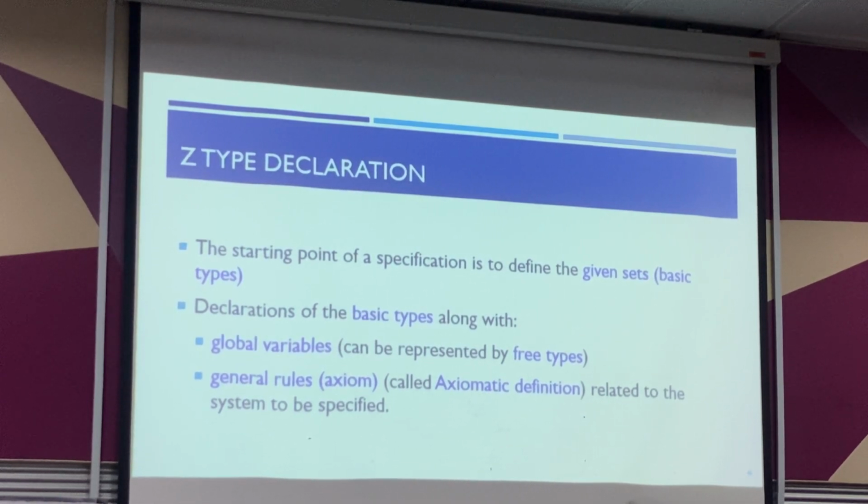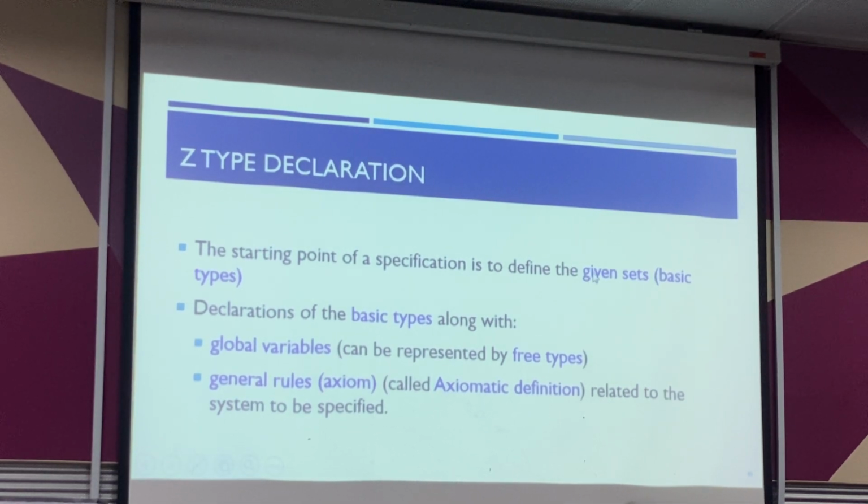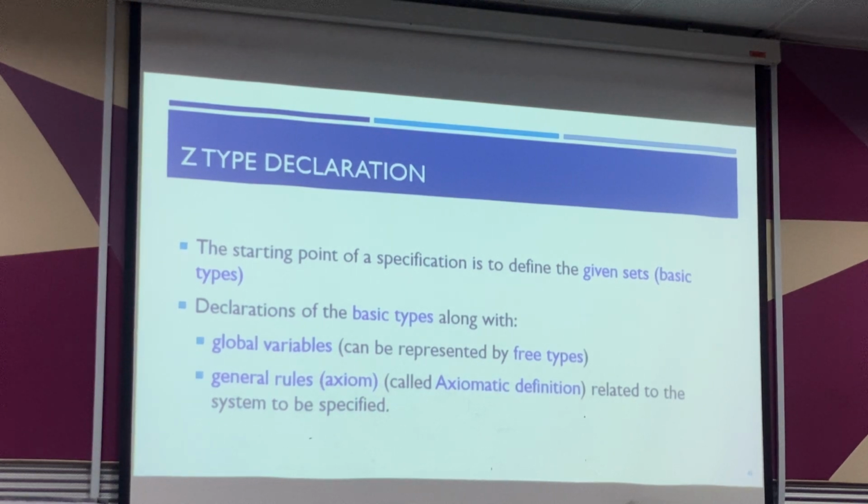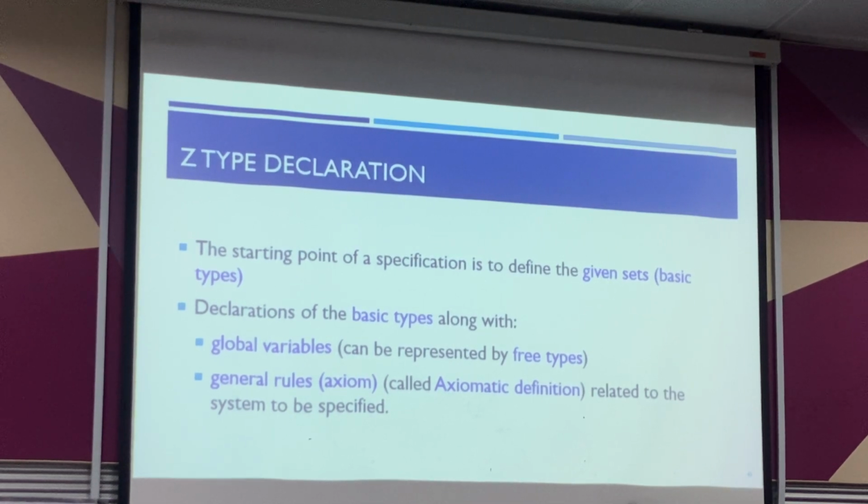So meaning that the first thing is you go for basic type. Basic type, normally that is the general one. Another term for basic type, you may have seen also in past years, is the word given set. I forgot to tell you, the word given set is also known for basic type. Sometimes you will see this.